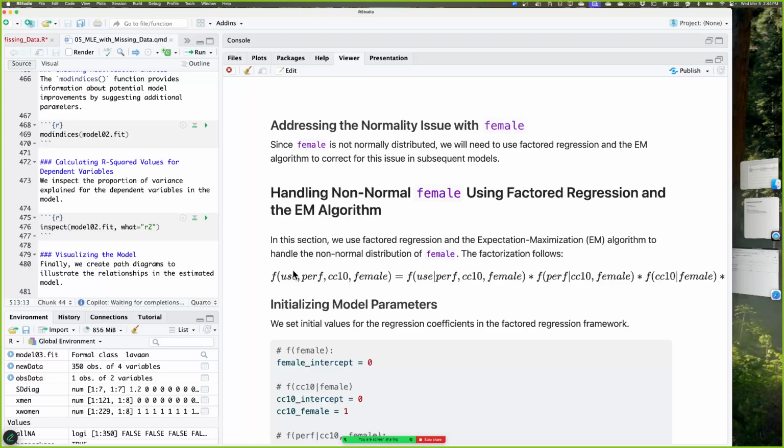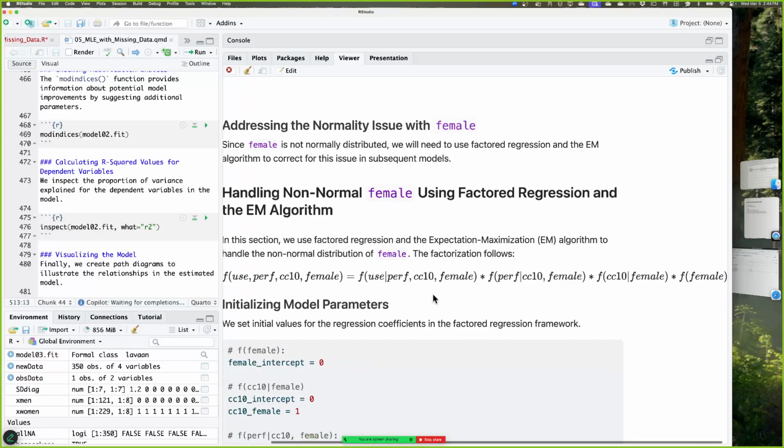So factored regression is the tool to build the joint likelihood function using a series of functions that we know how to build. And then EM is what we're going to do to impute data with expected values and then calculate maximum likelihood estimates, iterating between the two of them throughout, which will arrive at the full solution. It's not perfect, and I don't expect you to do it, but let's try it, shall we?